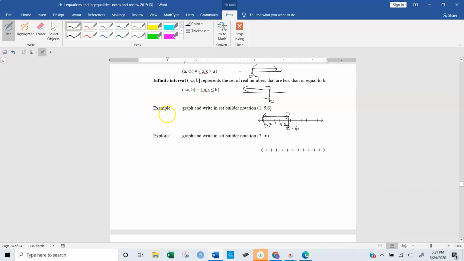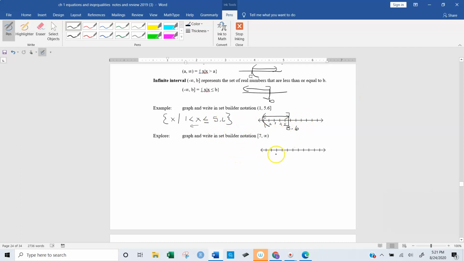Set builder notation, remember, is your brace, and it goes x such that, or any variable you want, such that 1 is less than x, and x is less than or equal to 5.6. So if you read this way, x is greater than 1, which is what we got, and it's less than 5.6, but it can equal 5.6, so we have the equal sign here.